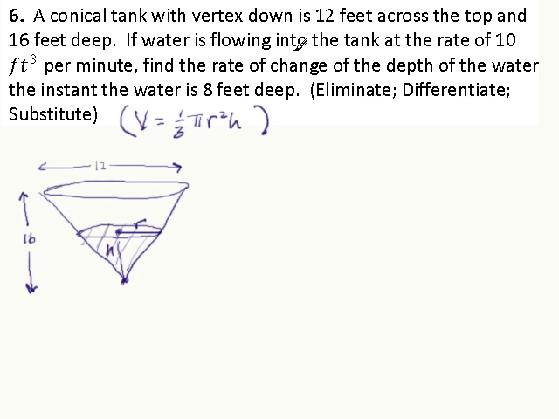Water is flowing into the tank at the rate of 10 cubic feet per minute, so dV/dt is equal to 10. Find the rate of change of the depth of the water, so find dh/dt when h is equal to 8.